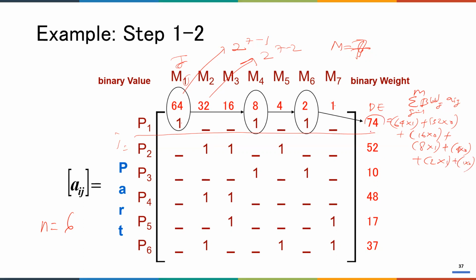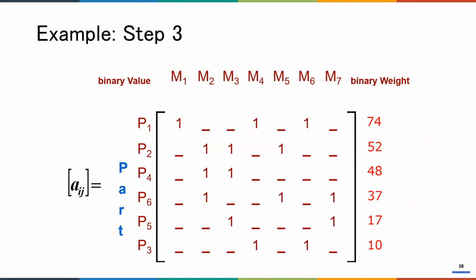So we got 74. Then you do it for all the rows. So this one is going to be 32 plus 16 plus 4, and this is going to be 8 plus 2, and so on. Once you calculate all the DE, or decimal equivalence, you sort based on the largest value.